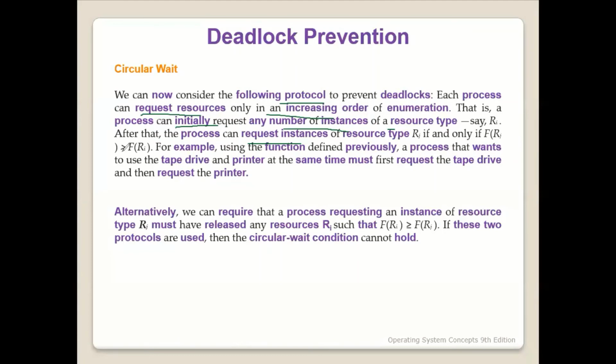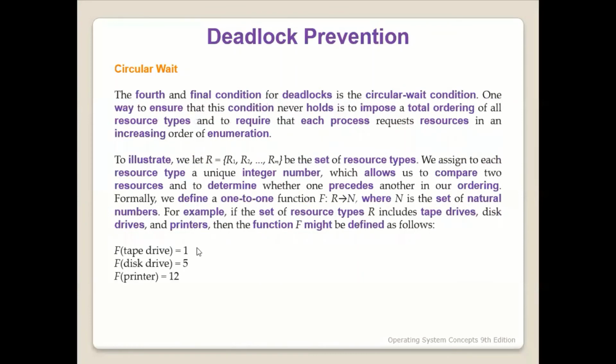For example, in the previous slide, I told you that for the tape drive we have 1, for the disk drive we have 5, and for the printer we have 12 instances.